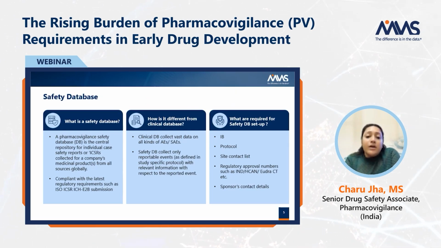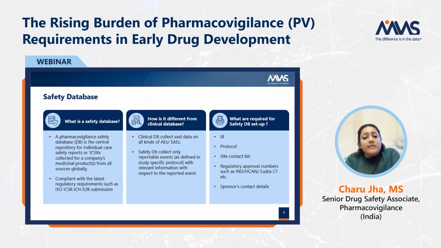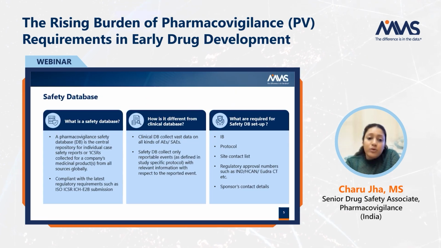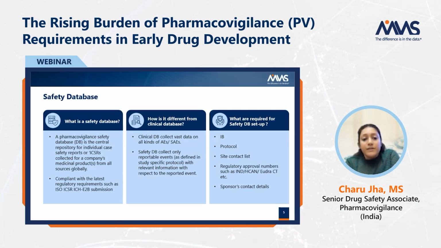Clinical database collects vast data and all kinds of AEs, assays from screening till end of study, including all laboratory tests, subjects' vitals performed on each visit to the site. On the other hand, safety database collects only reportable events as defined in the study-specific protocol with relevant information with respect to the reported event.